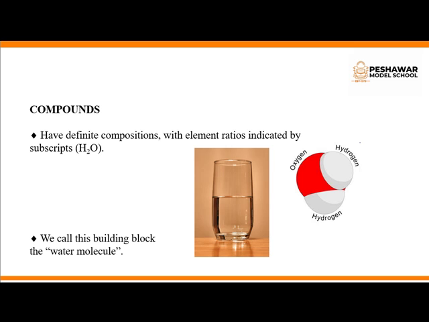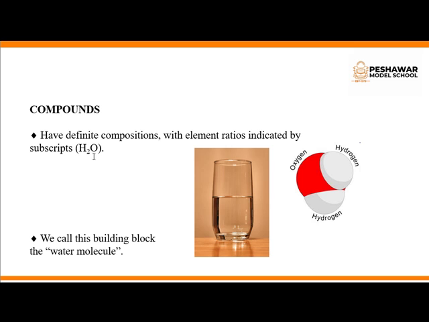In the next slide, in the compound, there is definite composition, or you can say there is a fixed ratio of the constituents. You can see over here, this is the water molecule, whose formula is H2O. Now there are two hydrogen atoms and one oxygen in this compound, so it will always combine in the same ratio.